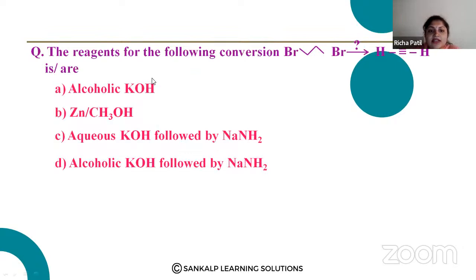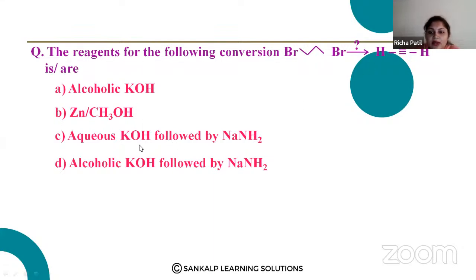Now, the reagent for the following conversion. Which is the reagent used here? 1,2-dibromoethane is treated with what to give ethyne?